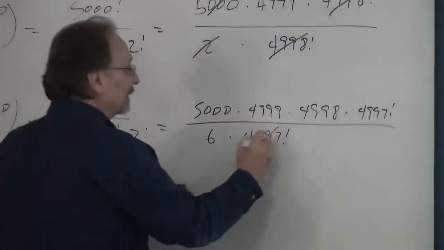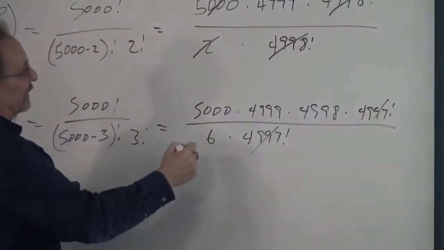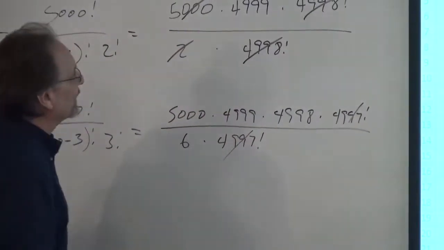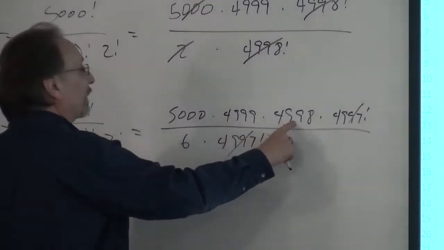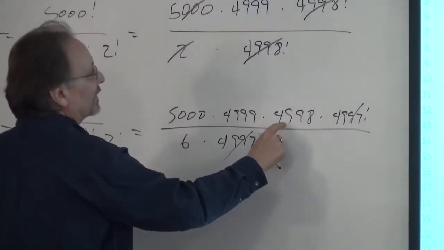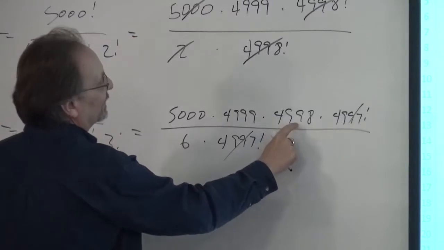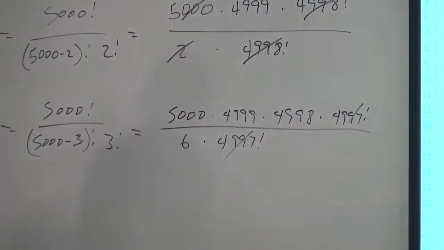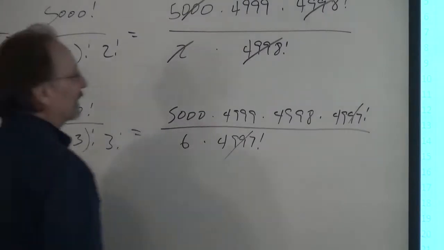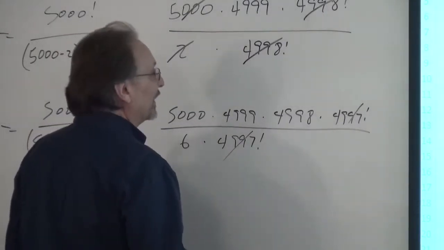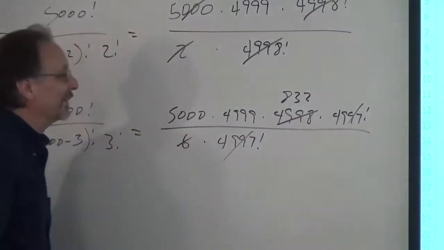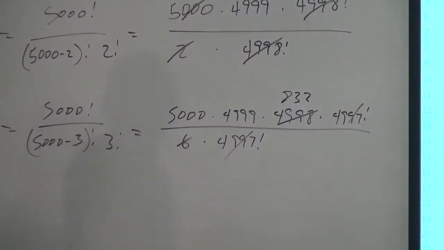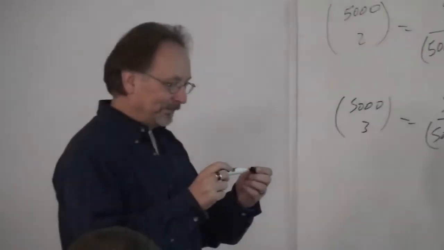Those would cancel out. Then you find where 6 would factor into that. 5,000 divided by 6 doesn't work, but 4,998 divided by 6 is 833. See, I'm terrible at doing stuff in my head. Then just multiply those three out. That makes sense? Everybody else?